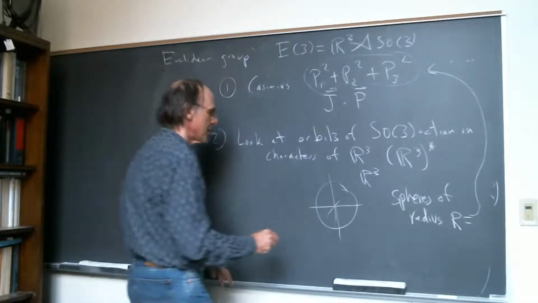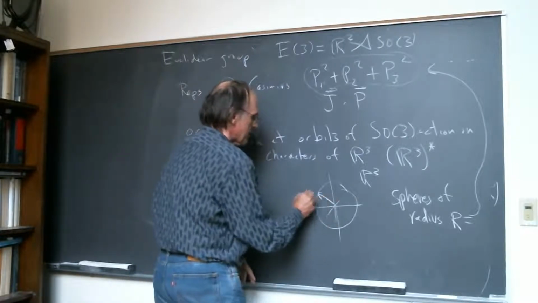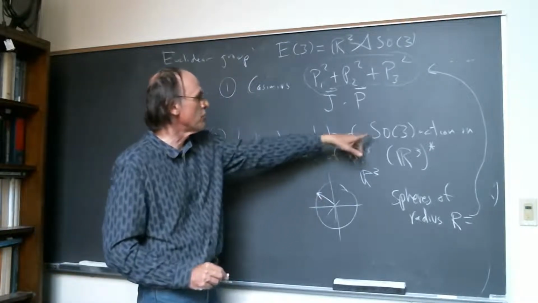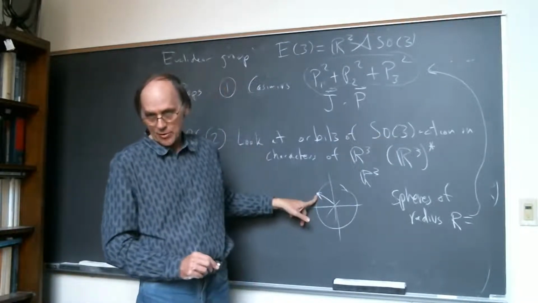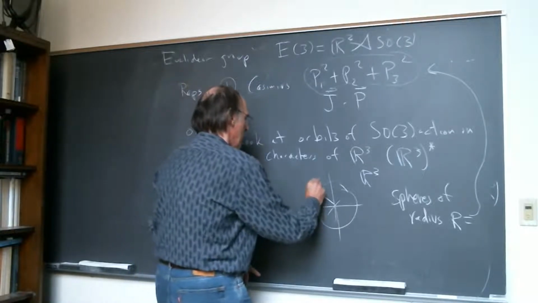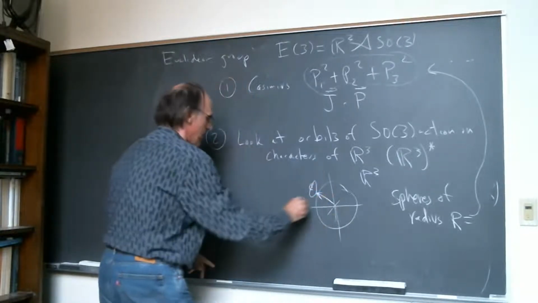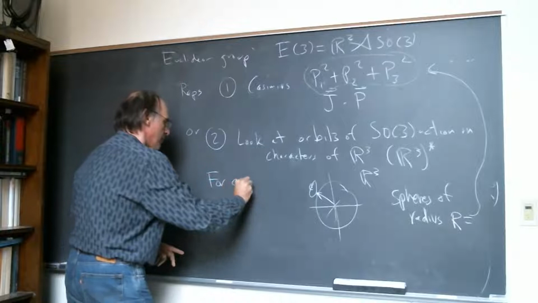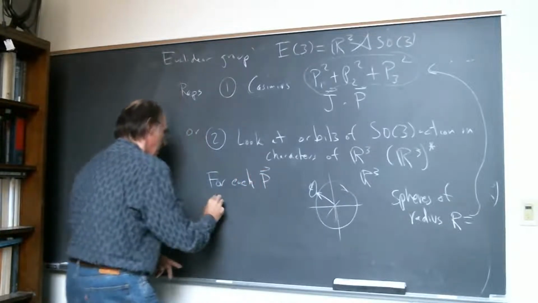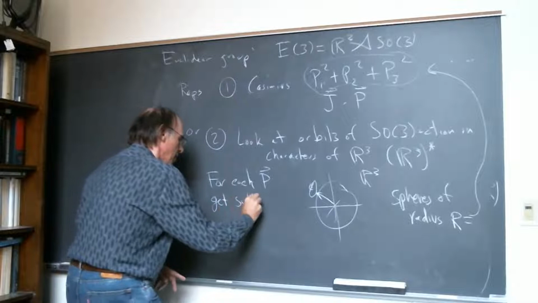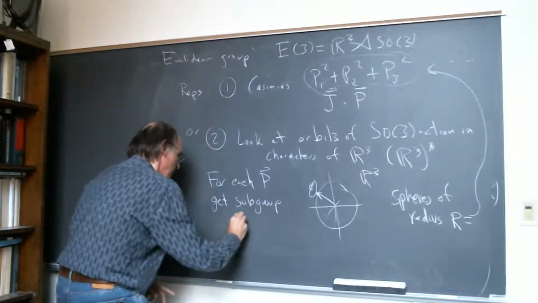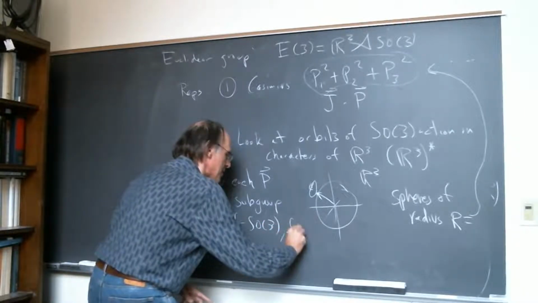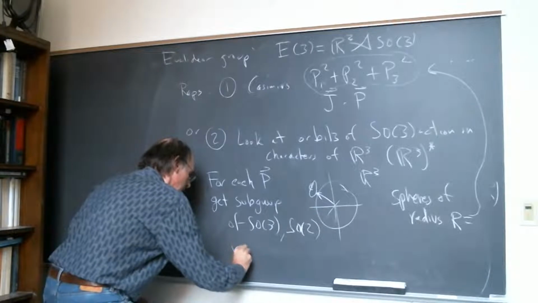But the other thing that happens is that if you pick some particular vector on here, then there's some subgroup of SO3 that leaves this vector invariant. So for each momentum vector, you get a subgroup of SO3, which is an SO2 of rotations about the vector.